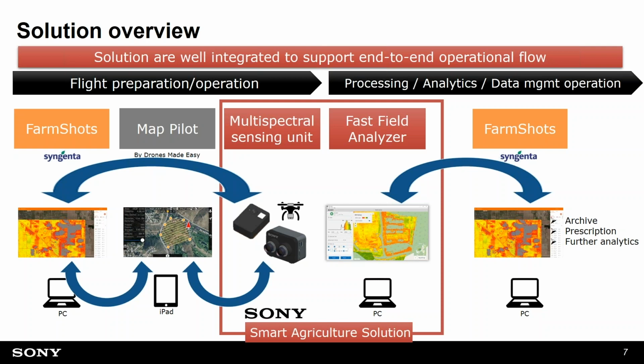After capturing the data, Fast Field Analyzer offers quick Fast Stitch in the field, which supports in-field assessment. And then once you get back to the office, you can upload to Farmshots for archiving or further analytics using their services.